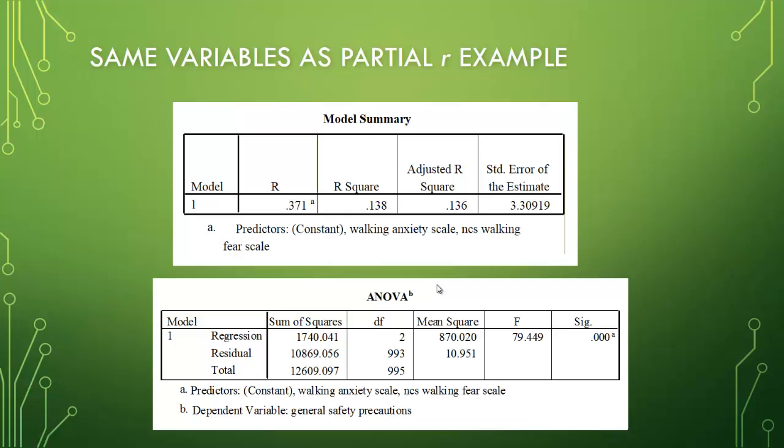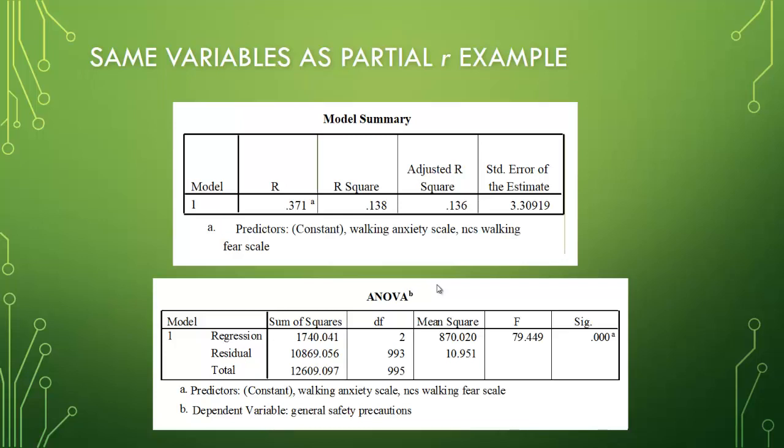The second box offers us the probability value for the model, which is the collection of all the predictor variables. And so when we look at the column labeled SIG, the probability value is less than 0.001. So this collection of predictor variables definitely has a relationship with the dependent variable, and they collectively explain 13.8% of the variability in safety precautions.